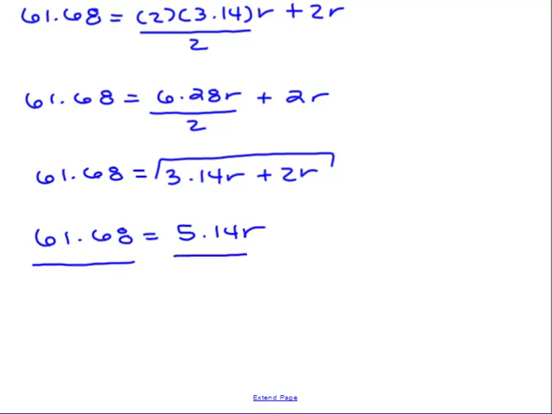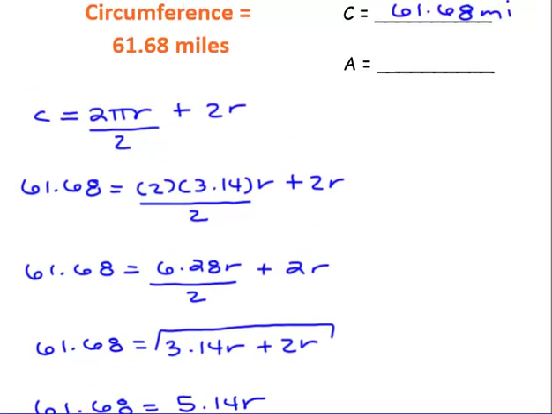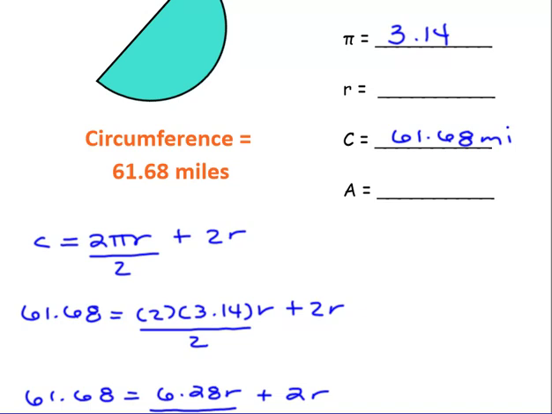Now I'm going to divide both sides by 5.14. So I have 61.68 divided by 5.14, and that gives me a radius of 12. So my radius is 12 miles.